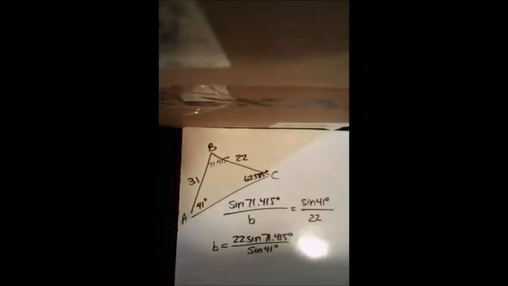So B is going to equal this number here. And then to find that, I'm just going to type it into my calculator and let it spit out an answer for me. So I got 22 sine of 71.415, and I'm dividing that by the sine of 41.